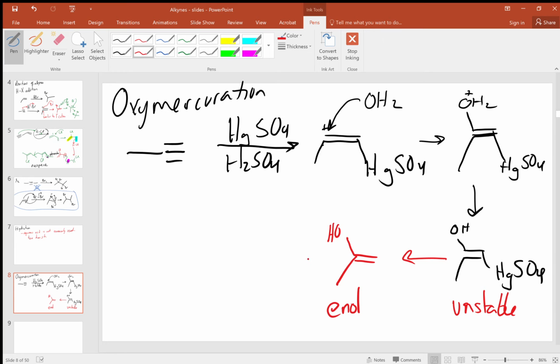And if you have acid or base present, and in our starting conditions we have acid present, an enol will get converted to the carbonyl.